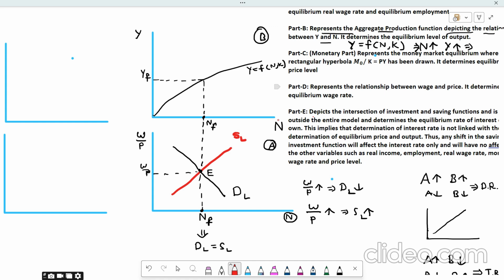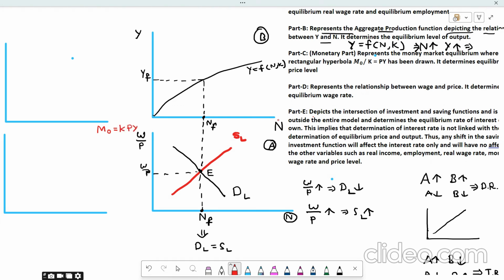Now part C. In part C we have money demand. Money market equilibrium is shown here in part C. On the x axis we will be taking M0, that is money supply, equals KPY, that is money demand.